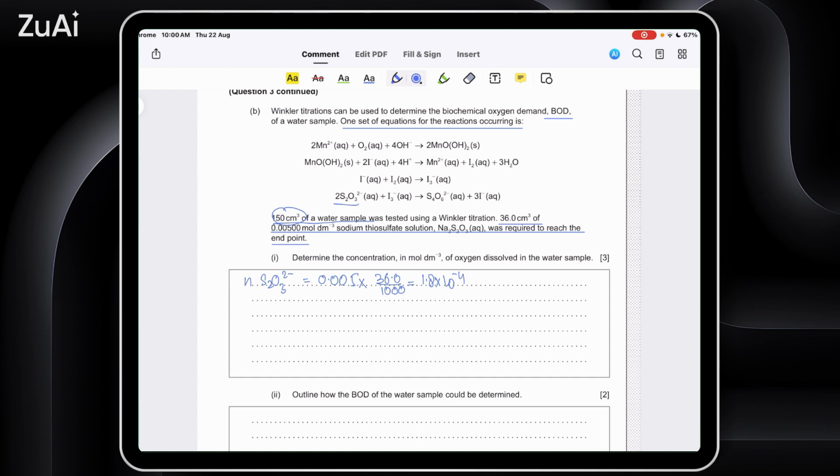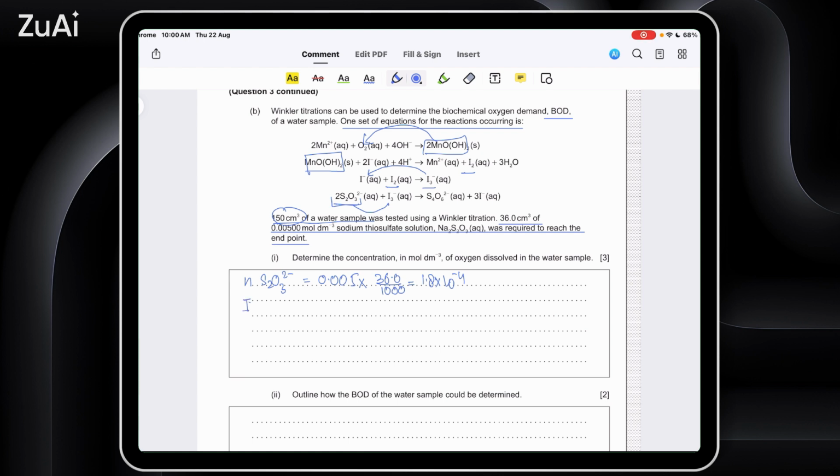Now you have the moles of S2O3, which are half the moles of I3-, and from the I3- moles we will get the I- moles and I2 moles. From I2 moles we will get the MnOOH moles. From these moles we will get the oxygen moles.